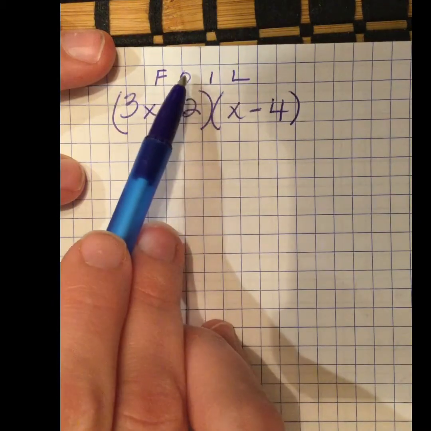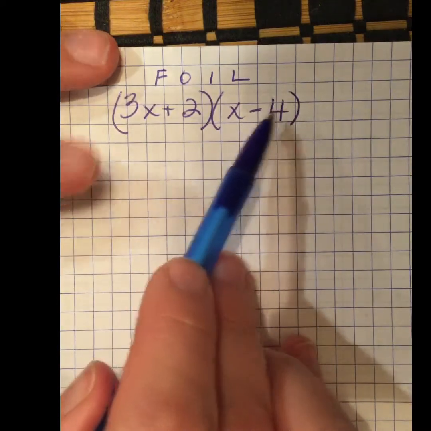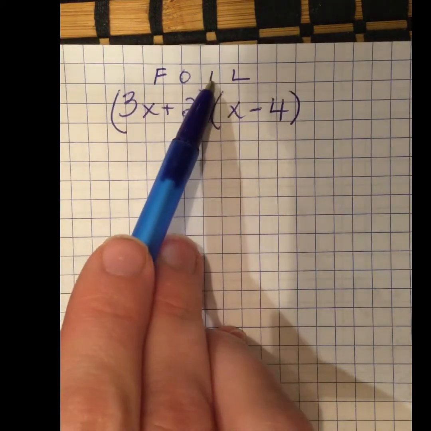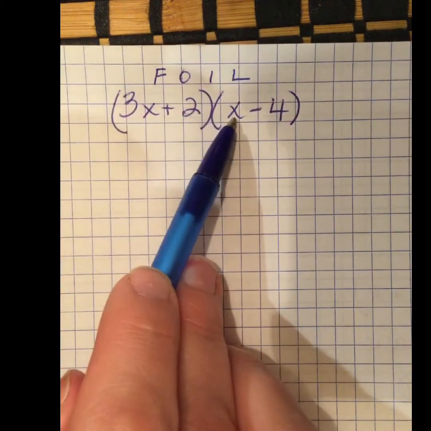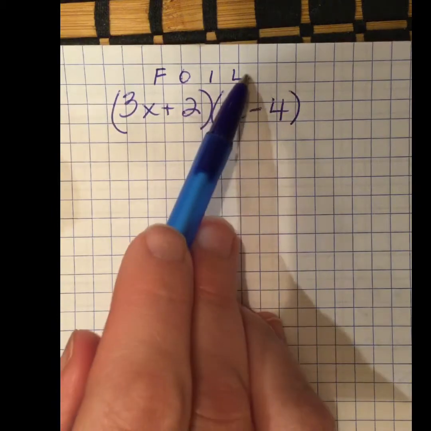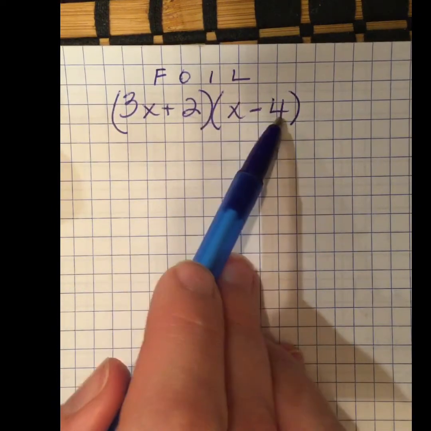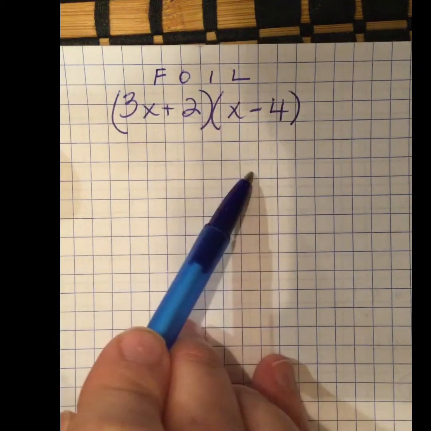Then multiply the outer terms, which would be this 3x and the negative 4. They're on the outside. Multiply them, write it down. Then do the inner terms, the ones on the inside, the 2 and the x. Multiply them, write it down. Then do the last, which is 2 and negative 4. Multiply them, write it down. Make sure there's no like terms, done.